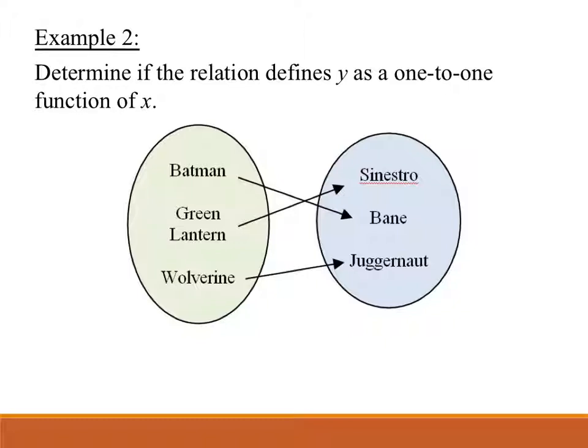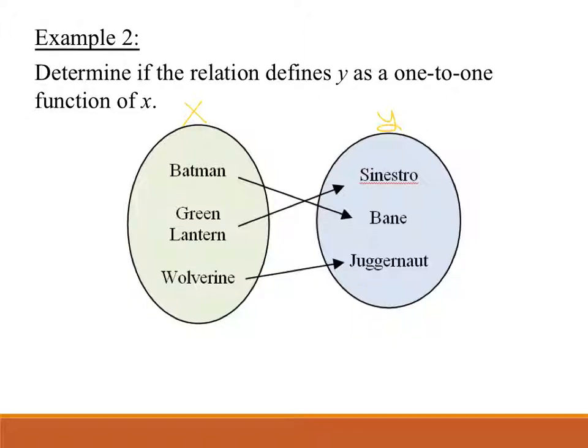In example 2, we have the relationship of x to y, and now we see that for Batman, the name Blaine comes up. For Green Lantern, Sinestro comes up, and finally, for Wolverine, Juggernaut comes up.